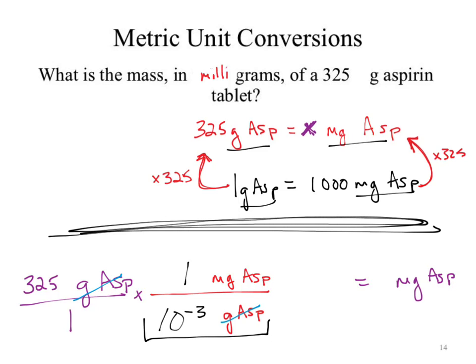You memorized 1 gram is 1,000 milligrams as an algorithm because you don't like powers of 10 and negative powers of 10. The reason you did that is you don't have a calculator. What was one of the requirements for this course? A calculator. The reason why people shift to do the 1,000 milligrams as 1 gram is they don't have a calculator.